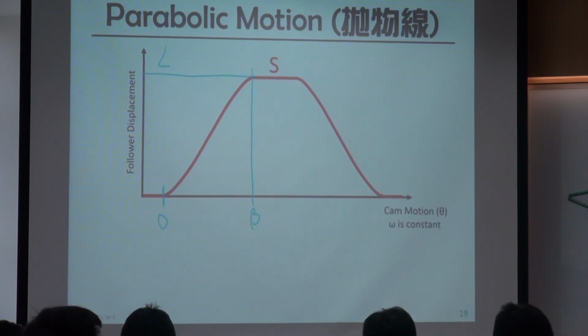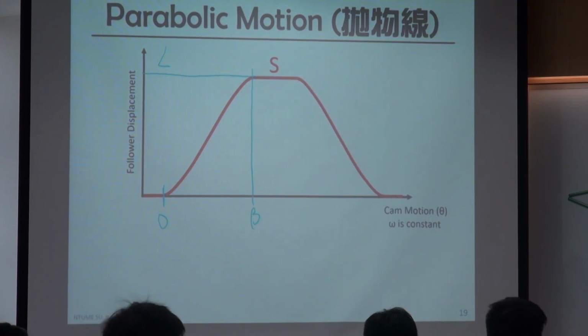Then for the first condition, you apply 0 into this equation, so you will get C0 equals 0. And for the second one, we apply beta into this equation, so you will get C2 beta squared plus C1 beta equals L. So right now, if we only need to satisfy these 2 conditions, then we know C0 is 0.